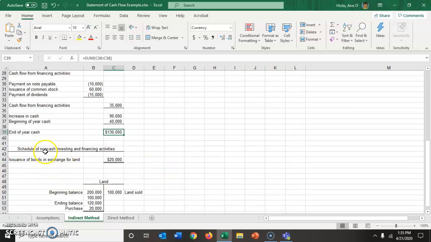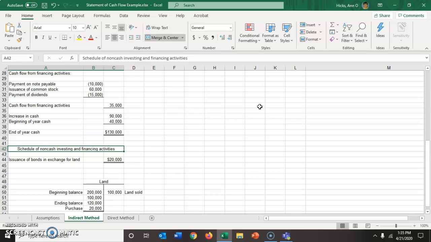Now, one last thing, those bonds that we issued in exchange for land, we need to account for them. We don't include them in the statement of cash flows, because they're not cash. But we do need to somewhere indicate we know those things changed.